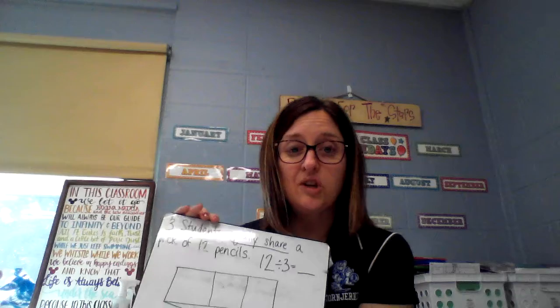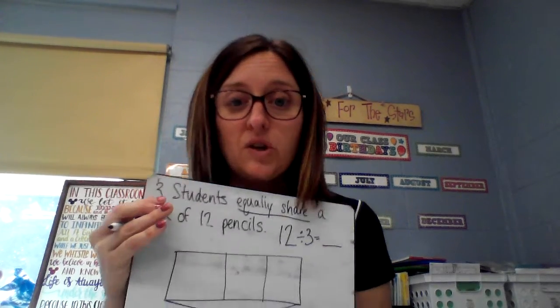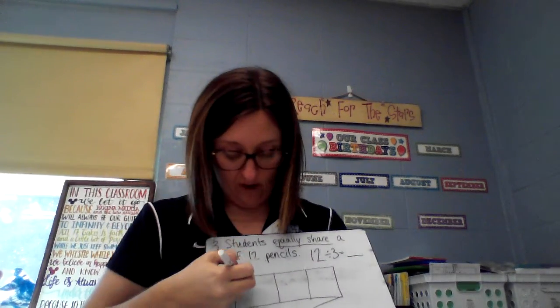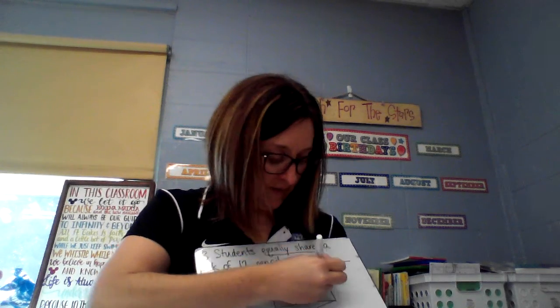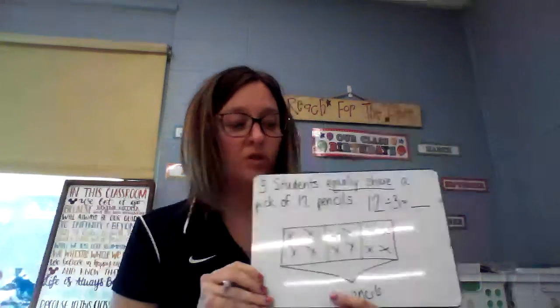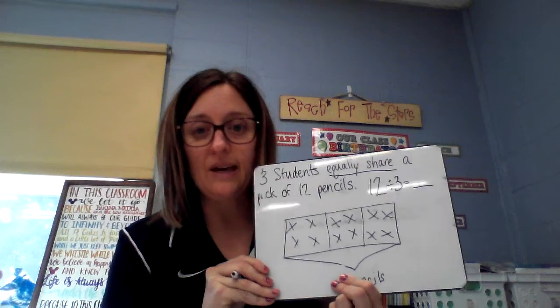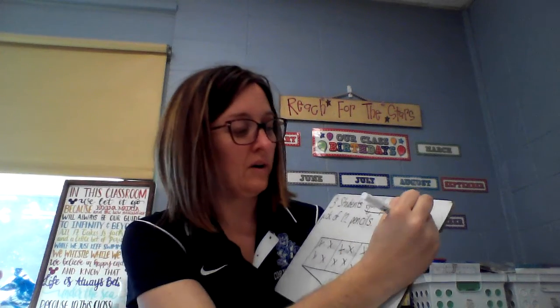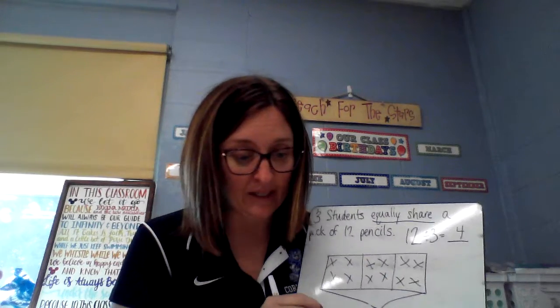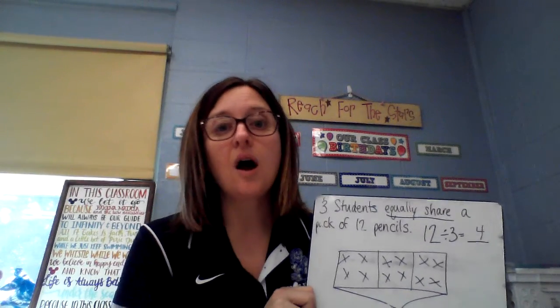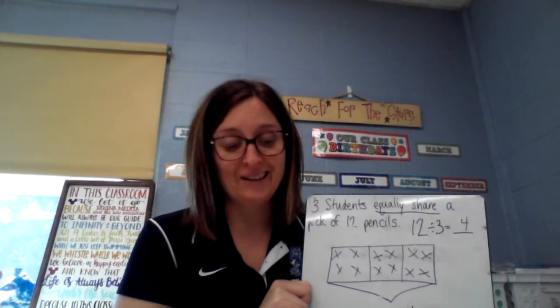So I'm going to share equally all of my pencils until I get to 12. 1, 2, 3, 4, 5, 6, 7, 8, 9, 10, 11, 12. Looking at my tape diagram, I can see that each student is going to get 4 pencils. So in this problem, my quotient, or my answer, is the number of pencils in each group.